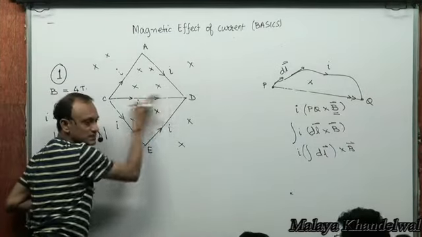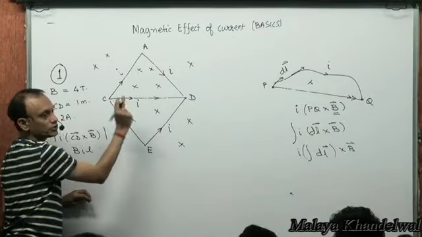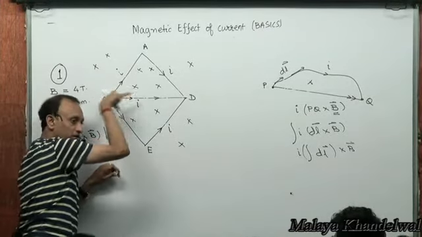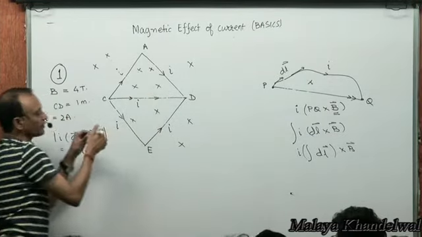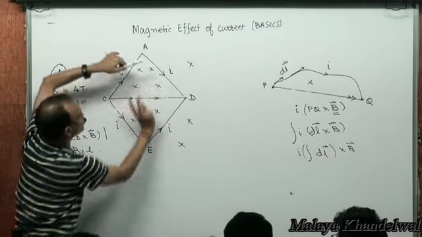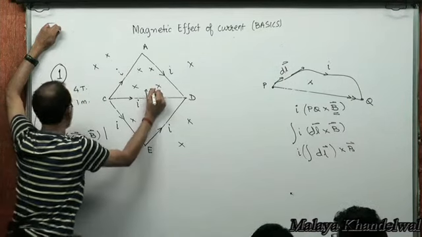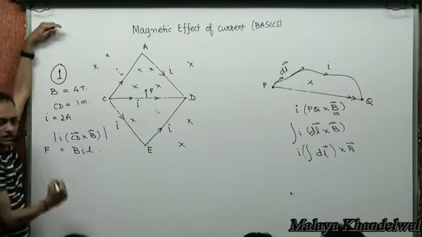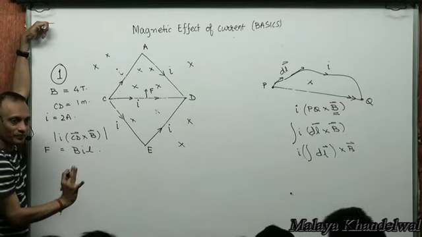These are my dl's in the direction of the current. B is going into the plane of the board, so dl cross B would be upwards. That's the force F acting on CD, which is BIL, and it's upwards, yes or no?